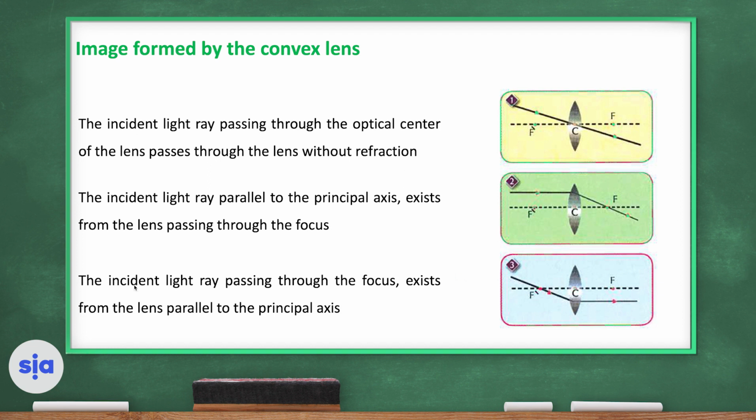In the third case, the incident light ray passing through the focus will hit the lens and exit parallel to the principal axis. So again, if the light rays pass through the optical center of the lens, no refraction. The incident rays parallel to the principal axis will refract through the focus. If the incident rays pass through the focus and hit the lens, they will exit parallel to the principal axis.